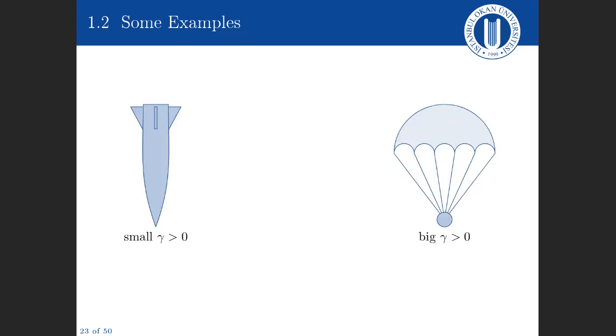That means if we have a streamlined object, we'd expect the number gamma to be a small number. If we have something like a parachute, which is not streamlined at all, we'd expect lots of drag. We'd expect our constant gamma to be a big number.